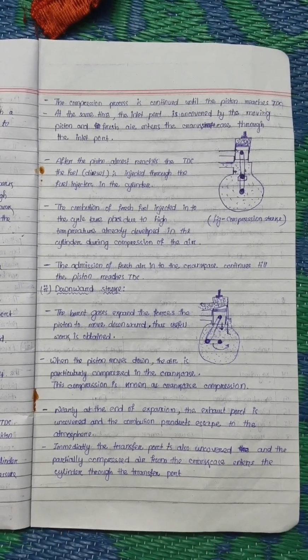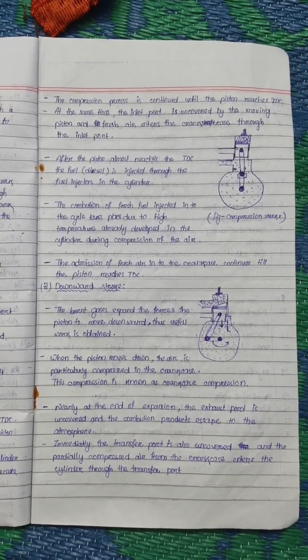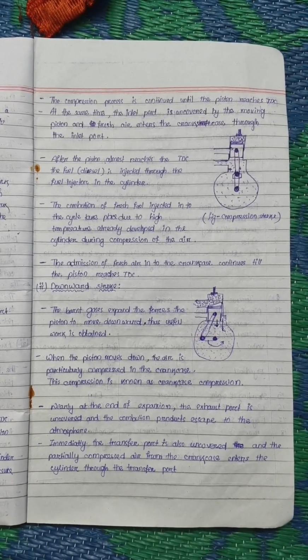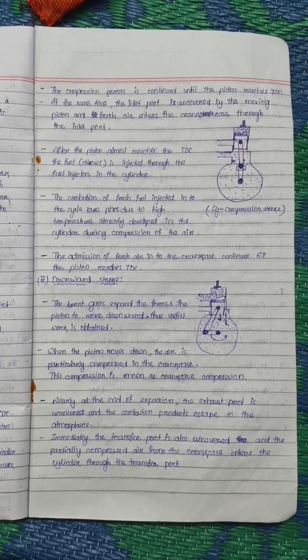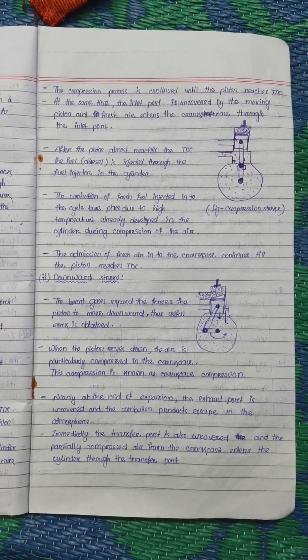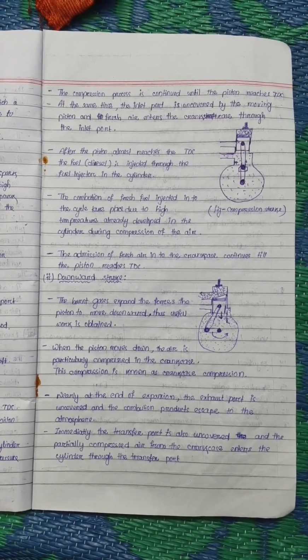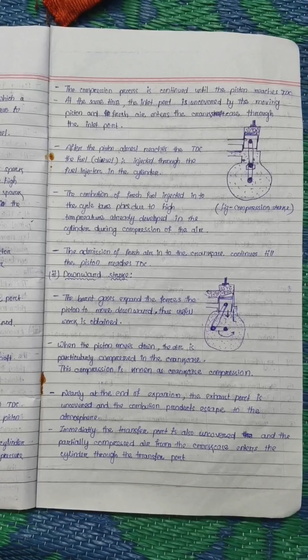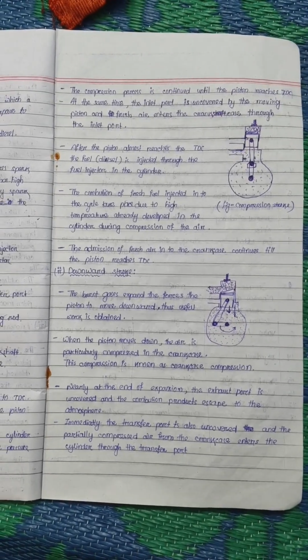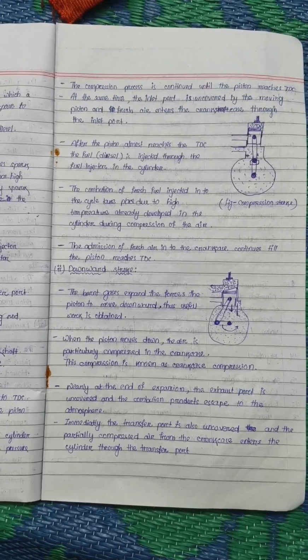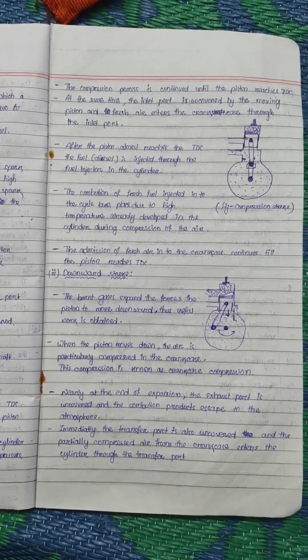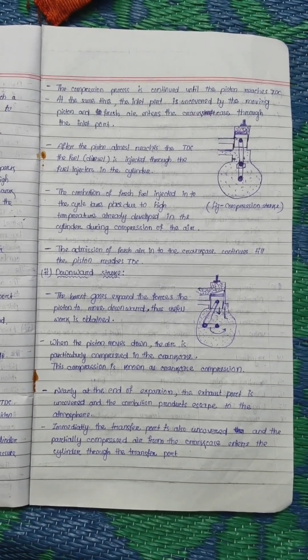The combustion of the fresh fuel injected into the cylinder takes place due to the high temperature already developed in the cylinder during compression of the air. The admission of fresh air into the crankcase continues till the piston reaches TDC.